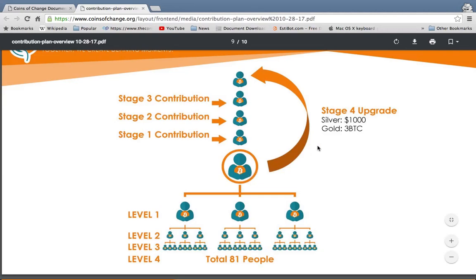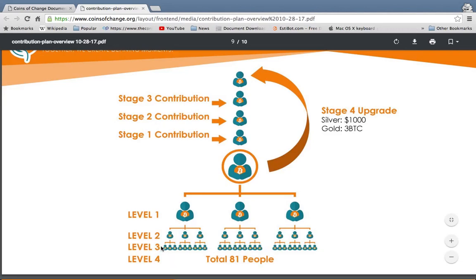So now you're going to make a stage 4 upgrade of $1,000 in silver and 3 Bitcoins in gold. Those contributions are going to go 1, 2, 3, 4 people ahead of you. Pay it forward, right? Pay it forward system. So those contributions are going to go here.